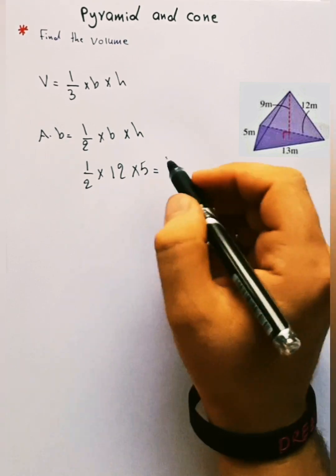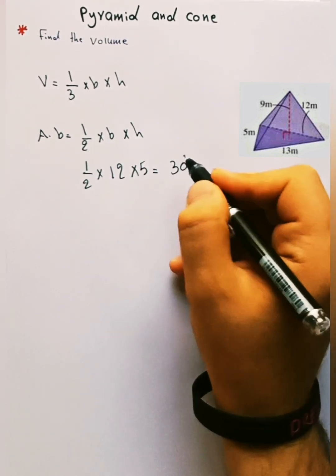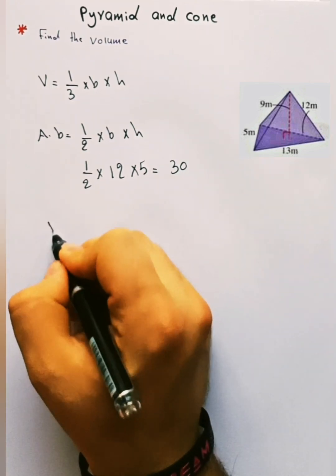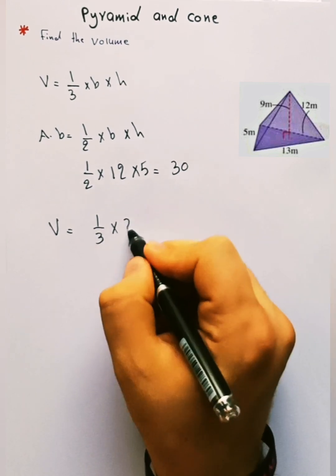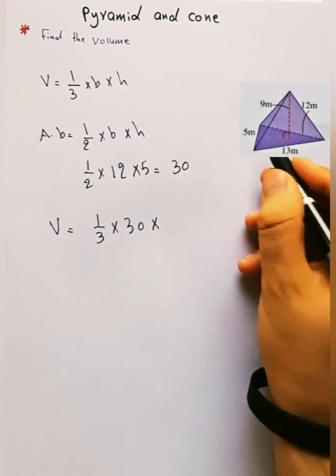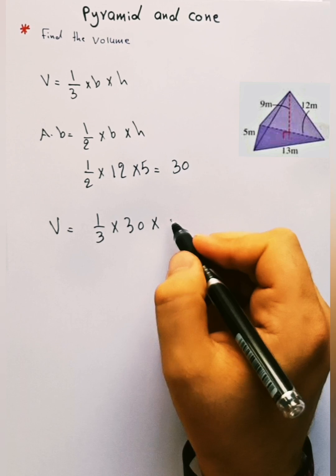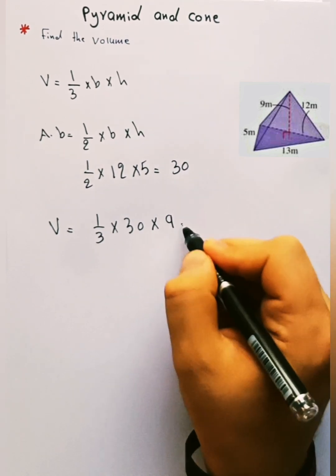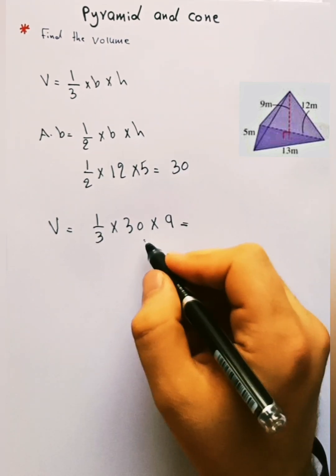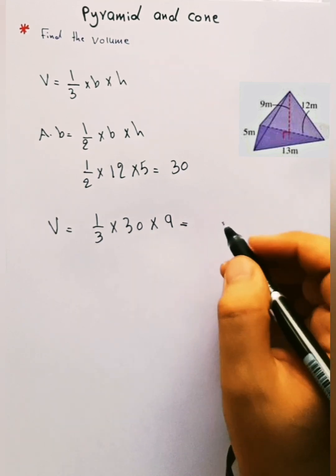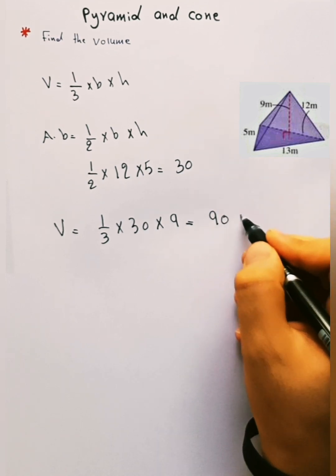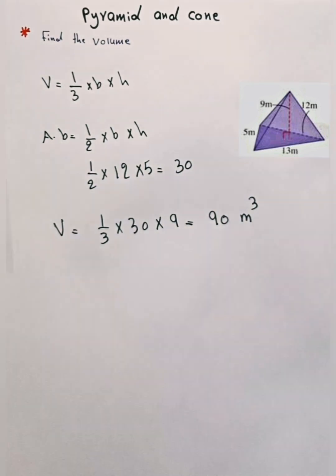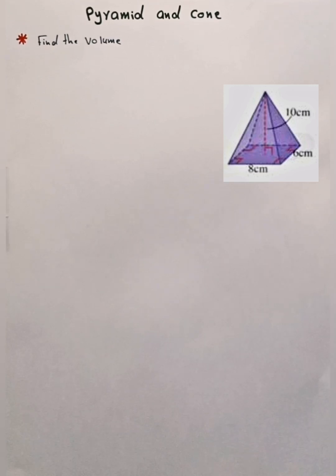When we multiply these all numbers, we will get 30. So volume equals 1 out of 3 multiplied by the area of the base, 30, multiplied by the height of this pyramid, 9. When we multiply these numbers together, we will get 90 meter cube.